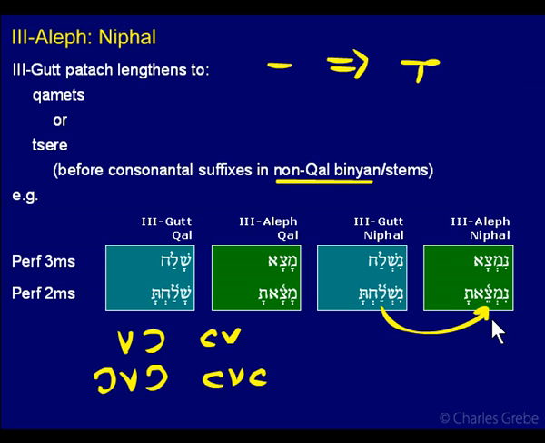The patach goes to tsere. So I certainly hope you don't try to memorize all that. It's just here as encyclopedic information so that when you see it, you have some sense of something that happened. You can go back and take a look.